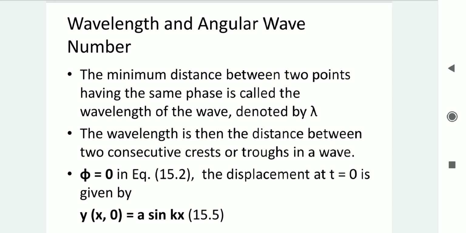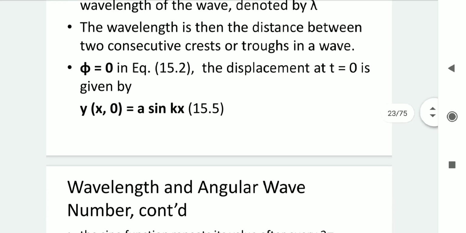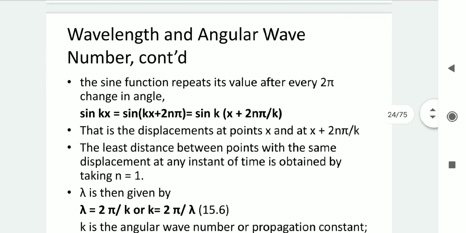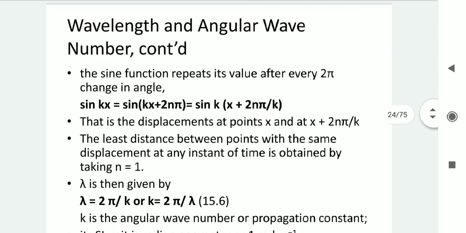That equation was y of x comma t equal to a sine kx minus omega t plus phi. In that equation, substitute t equal to 0, the initial time, and take initial phase phi equal to 0. So we get y of x comma 0 equal to a sine kx. Here this sine function will repeat after every 2 pi change in angle.